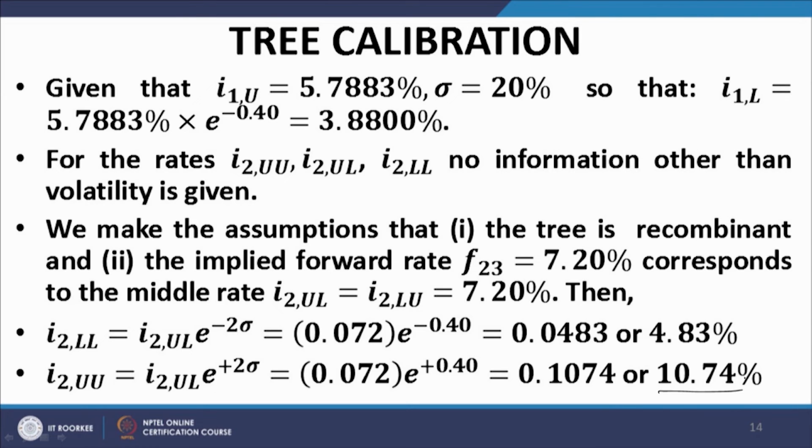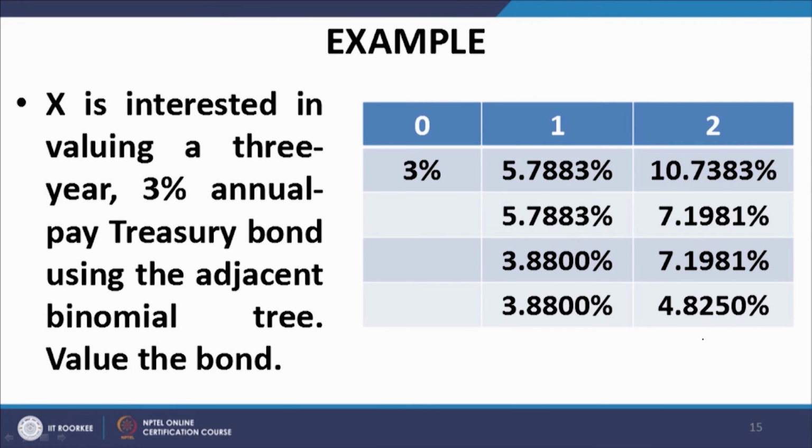For the lowermost node at t equal to 2, it is equal to I_LU times e to the power minus 2 sigma. We know I_LU is 7.2% and sigma is 20%. So, that gives us the rate of 4.83%. So, this is how the entire tree can be calibrated.